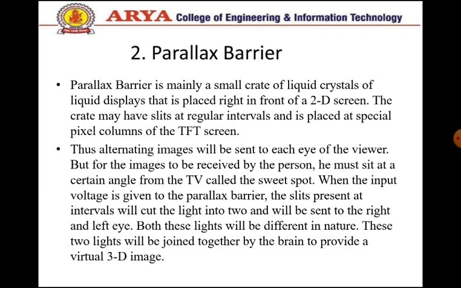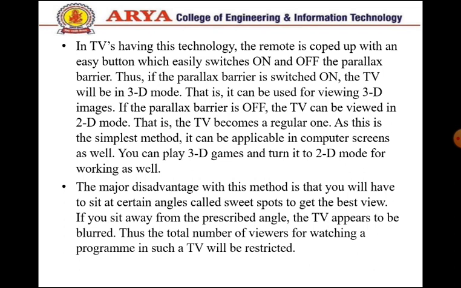Both these lights will be different in nature. These two lights will be joined together by the brain to provide a virtual 3D image. In TVs having this technology, the remote is equipped with an easy button which easily switches the parallax barriers on and off.